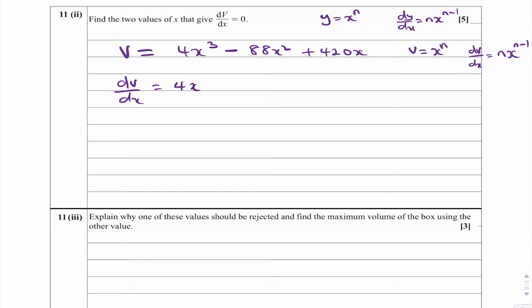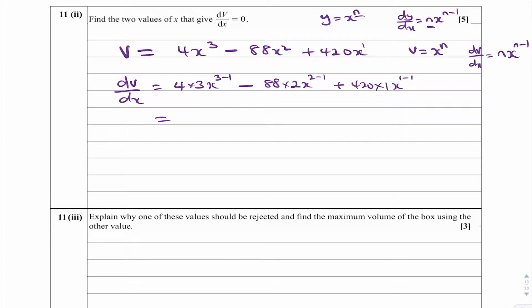For x cubed, I have to bring the power down, so you times it by 3, x to the power 3 minus 1. Minus 88 times 2, x to the power 2 minus 1. The next one is plus 420 times 1, x to the power 1 minus 1, because that's the power of 1.